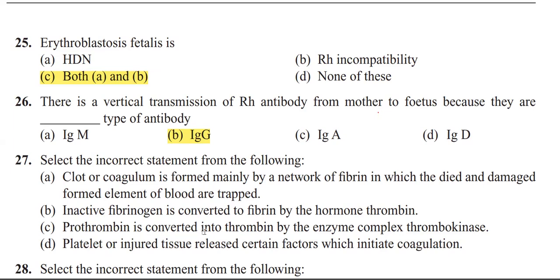Prothrombin is converted into thrombin by the enzyme complex thrombokinase. Platelet or injured tissue release certain factors which initiate coagulation. So the incorrect statement among these is B.